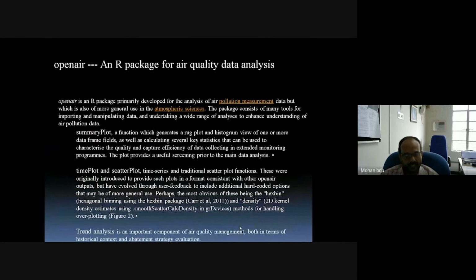And again, there is another package which is an open source package that is based on the R platform. This in fact is widely used to find out the dispersion of pollutants from a source, from a given location, or from the monitoring stations towards the downwind directions.